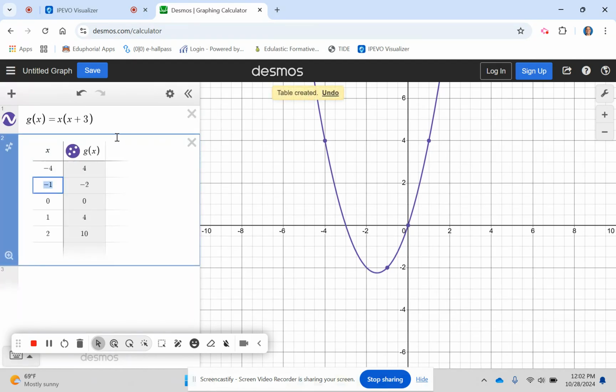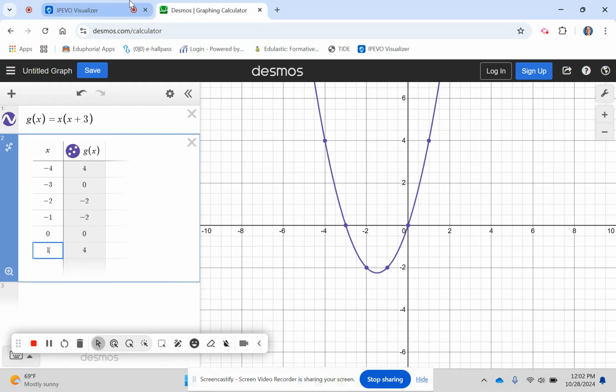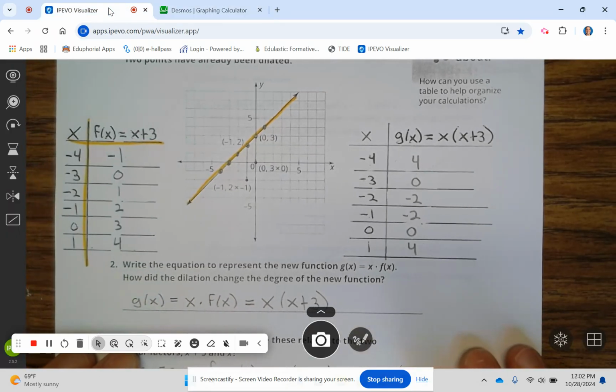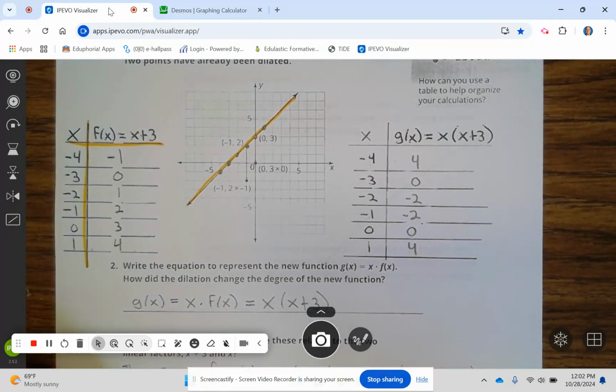So -4, -3, -2, -1, 0, and 1. All right, let's complete that table.